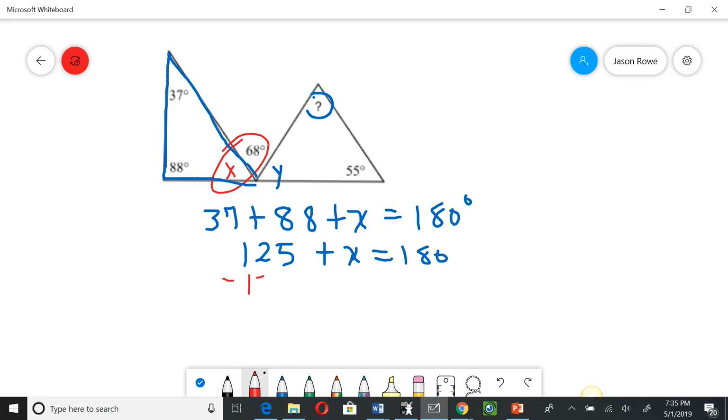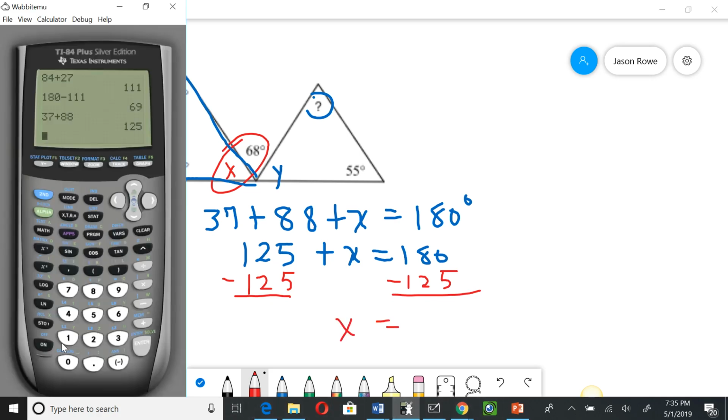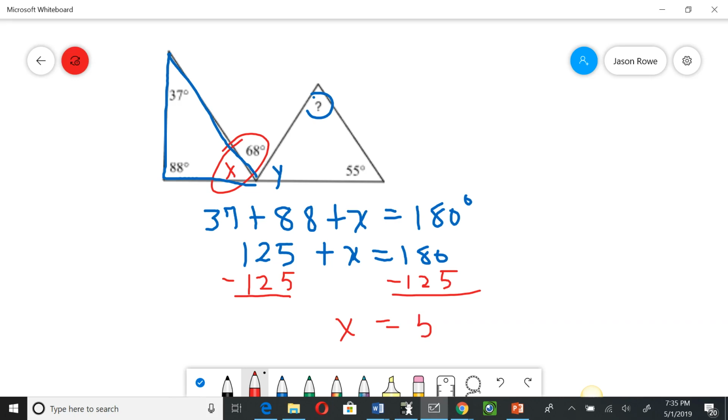Solve for x, we're going to subtract 125 from each side. And so x is going to end up equaling 180 minus 125, which is going to be 55 degrees.